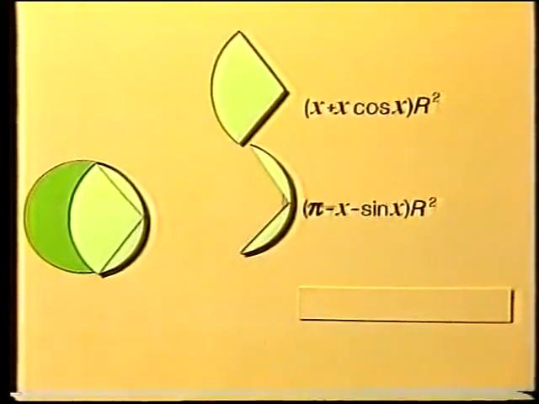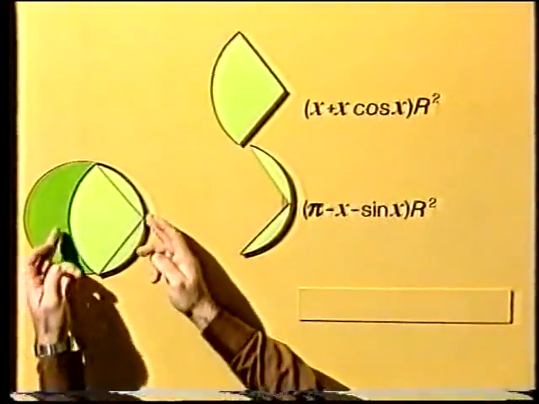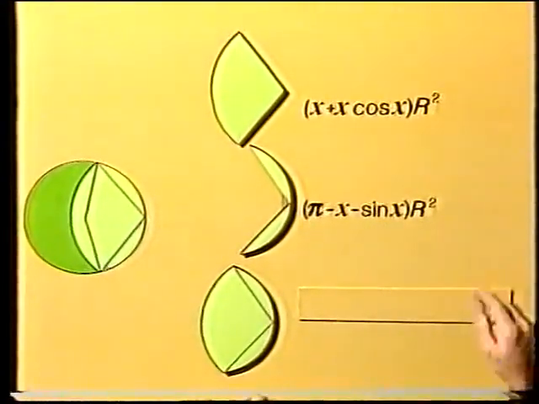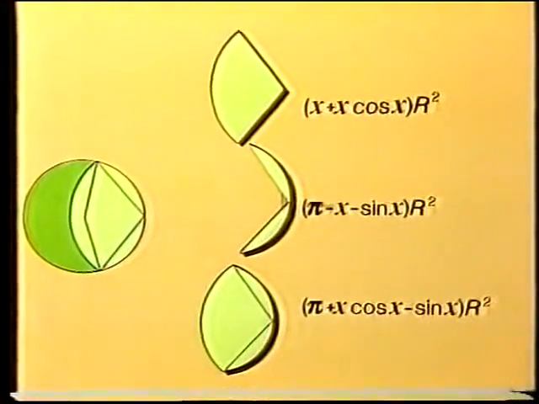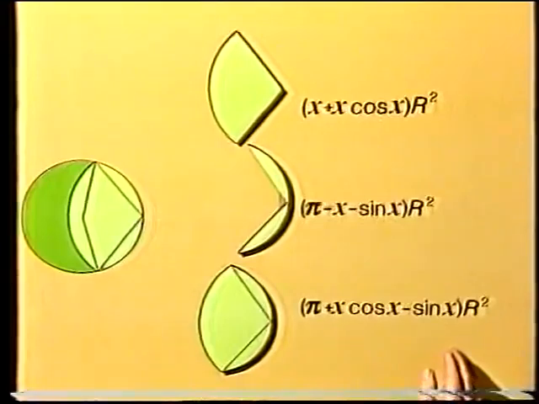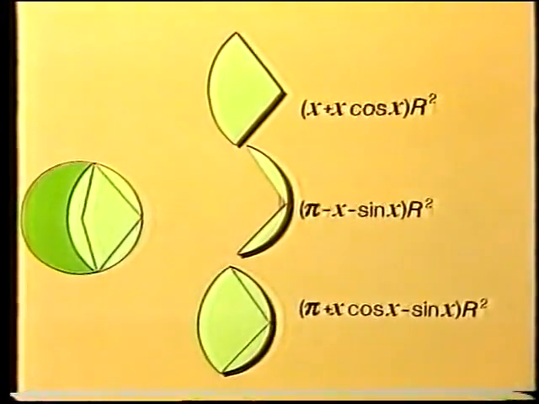Finally, putting these two pieces together gives us the whole area that the goat grazes, and adding these two expressions together gives us pi plus x cos x minus sine x, all multiplied by r squared for the area grazed.